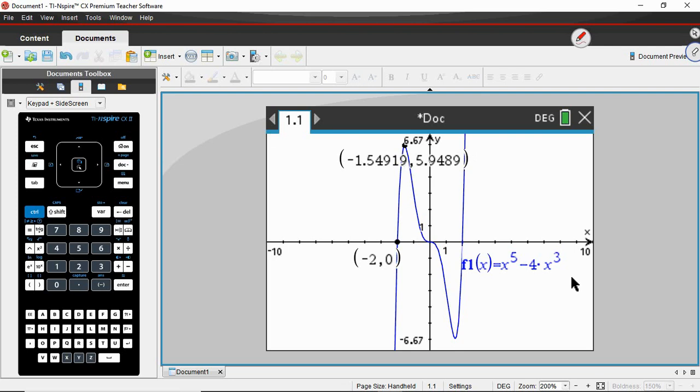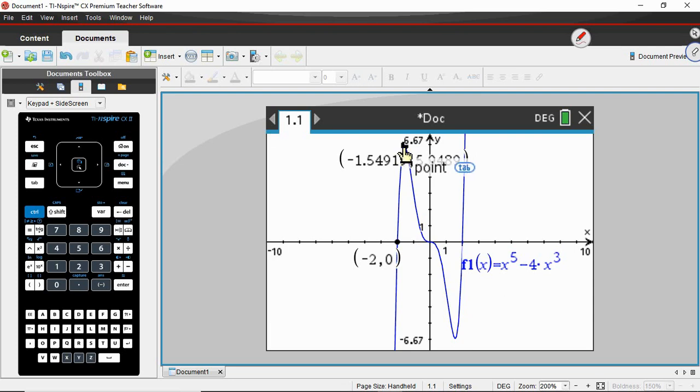This is all important to note because as we move further into this course, we're going to have to graph more and more complicated functions. And when we transfer that information from technology onto paper, we want to include the important points.